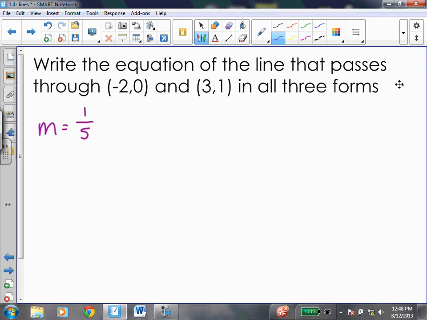I'll start with point-slope form because I know a slope and I know a point. I will use this point for my point-slope form, but technically you could use either one. So y minus 1 equals 1/5 times x minus 3. And that would be point-slope form.